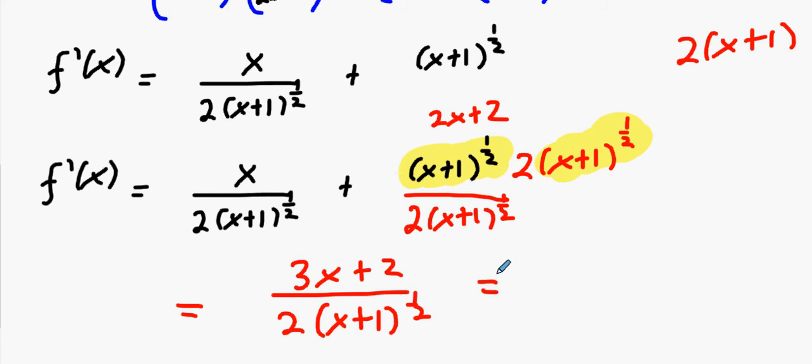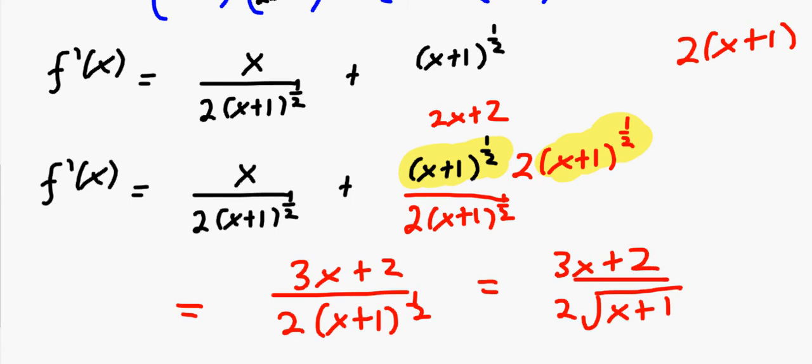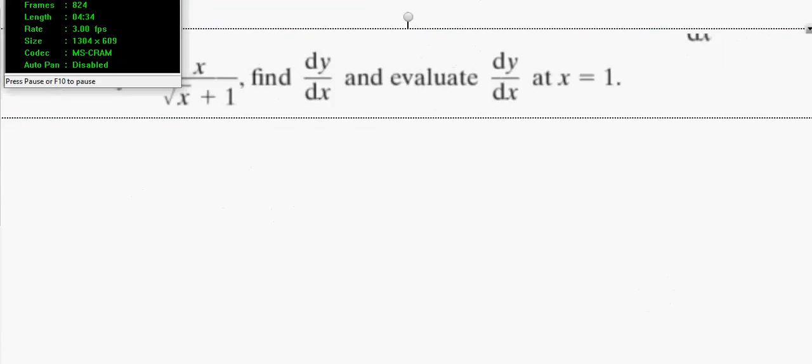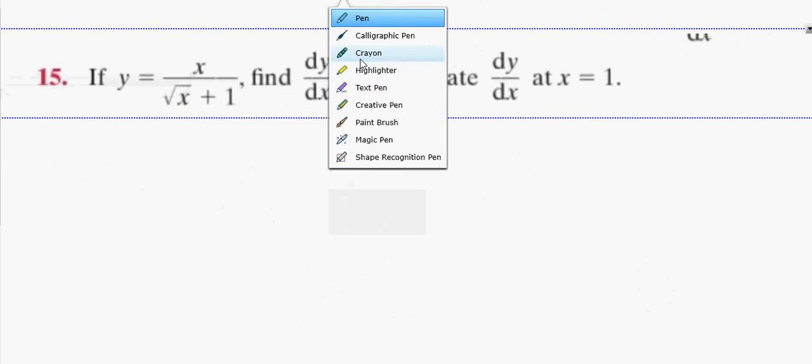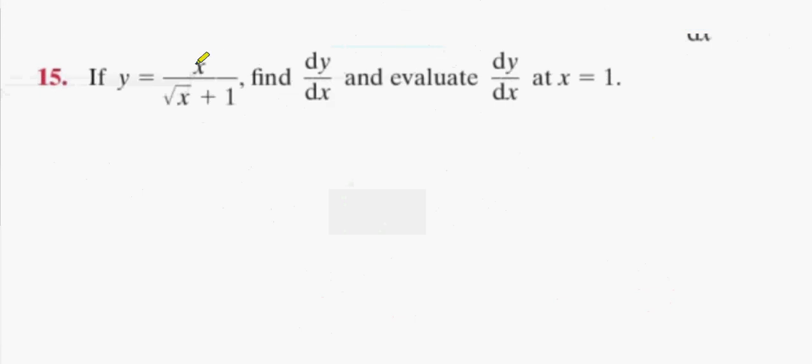What way might the back of the book have it presented? Might have it as (3x + 2) divided by 2 times the square root of (x + 1). So the quotient rule is the yellow one divided by the blue part. The yellow part is going to be u, the blue part is going to be v.